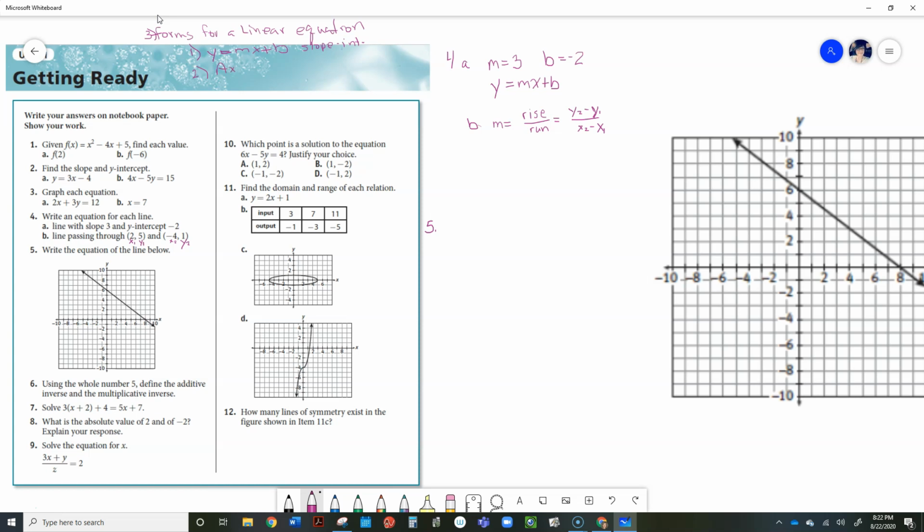Standard form, ax plus by equals c. That's standard form. And then the third one is y minus y1 equals m times x minus x1. That's called point slope form.